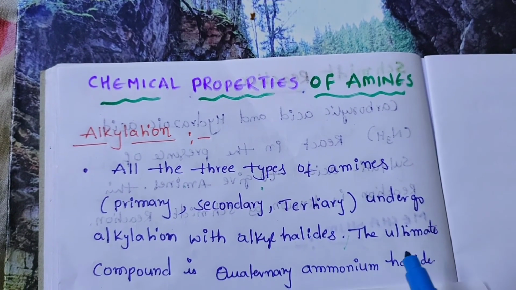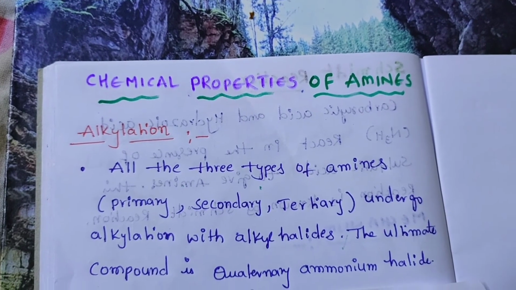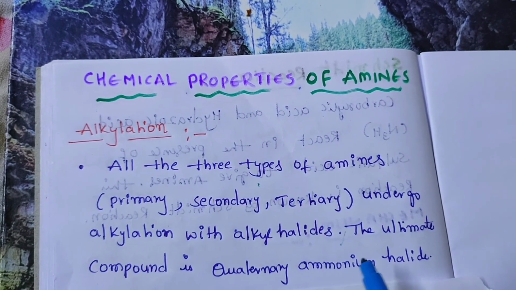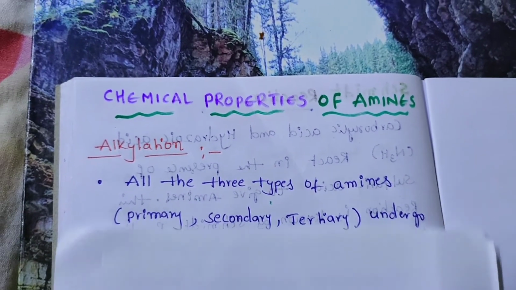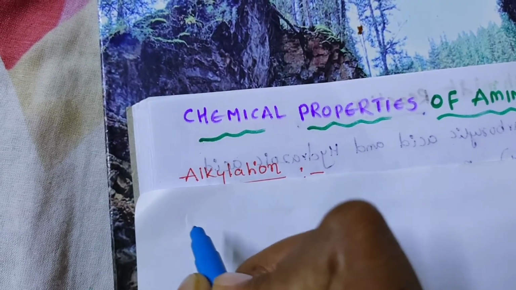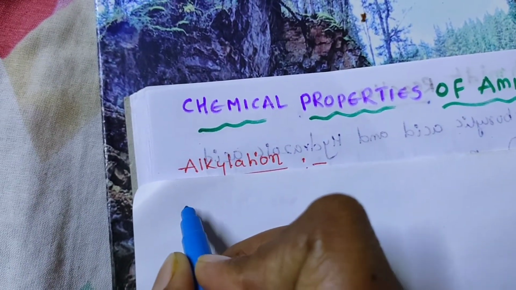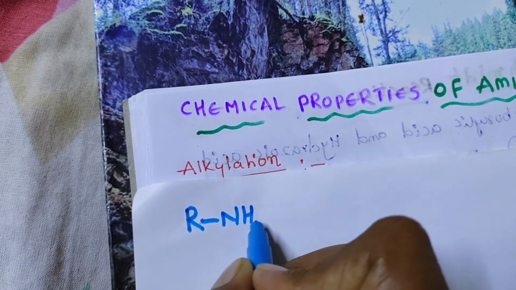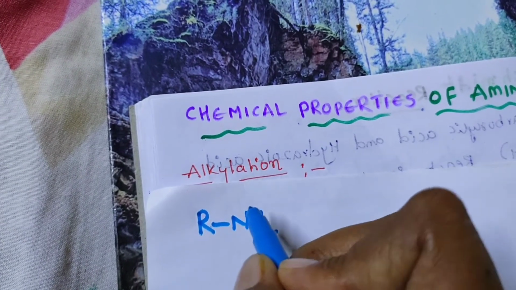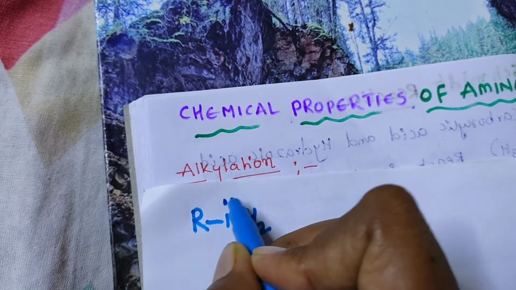Now I am going to discuss how this quaternary ammonium halide is formed. The first one I am going to take is the primary amine, RNH2. Now we have a primary amine.